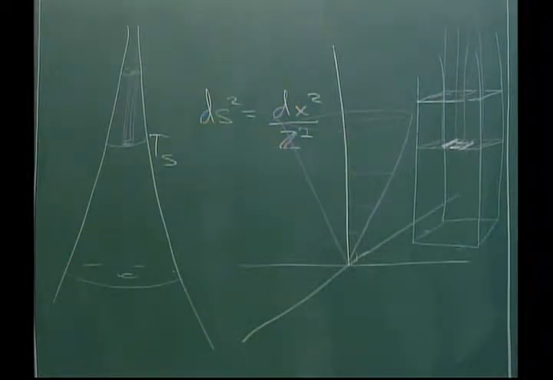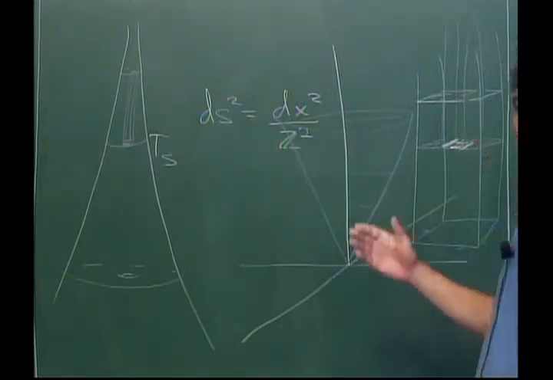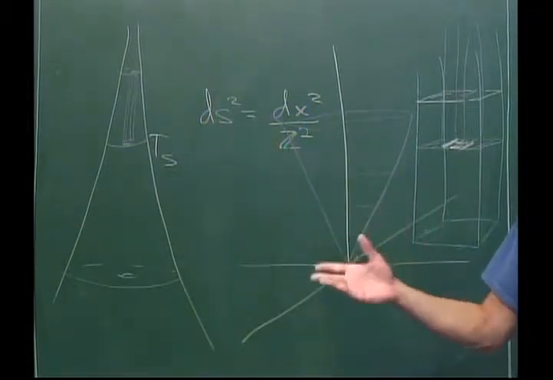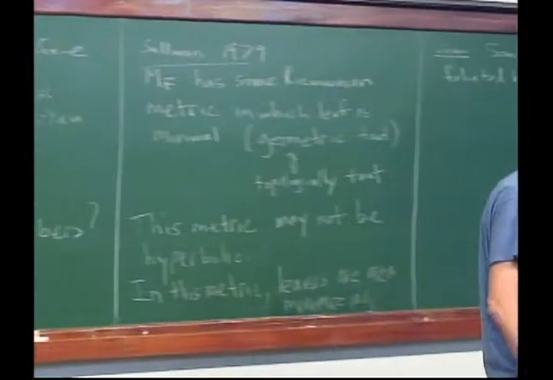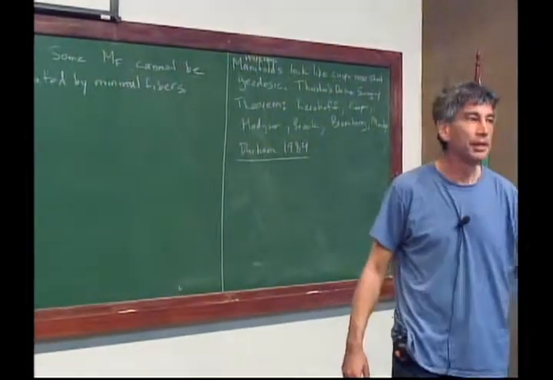Is the fibration part of the story or just the manifold? You're allowing yourself to change the fibration at the same time. I see. So you're saying, can this maybe have many different fibrations, and some are minimal and some are not? Yeah, so it turns out that none of them will be minimal if it has more than one fibration.